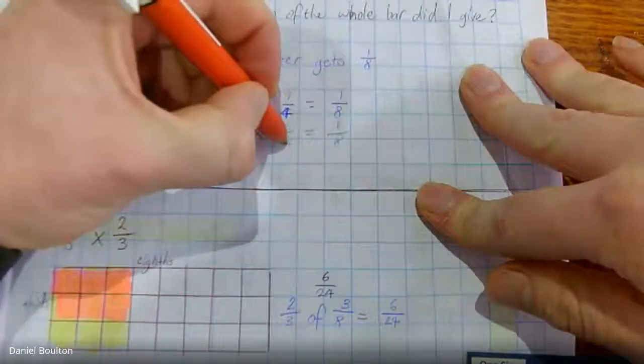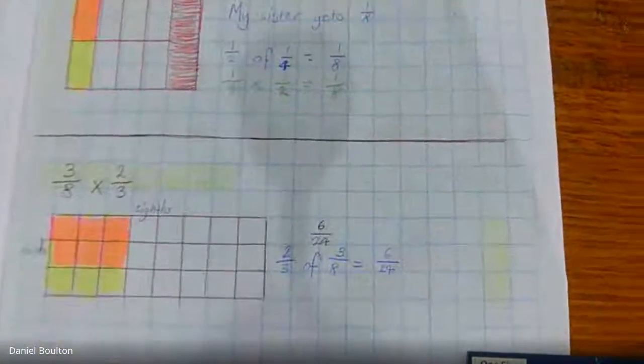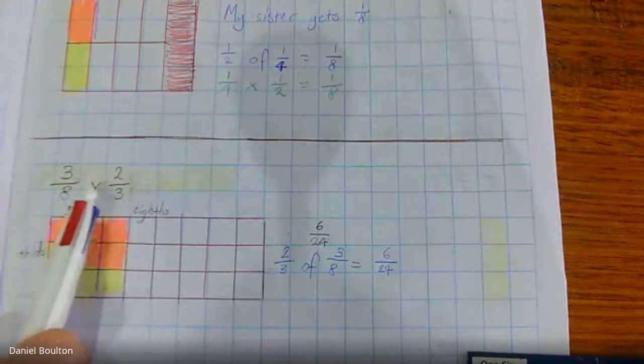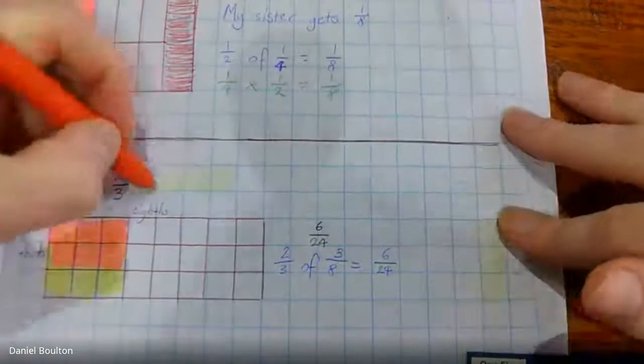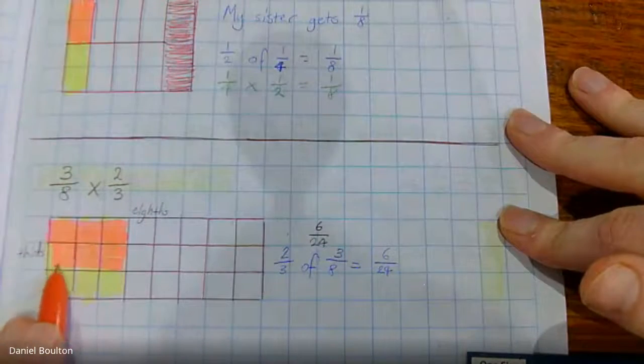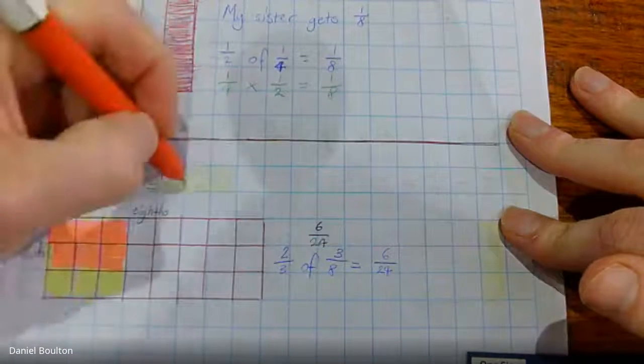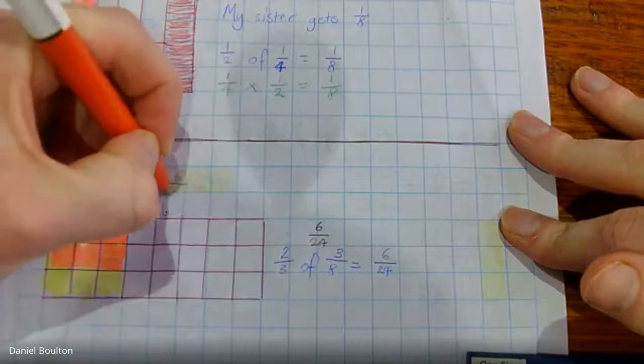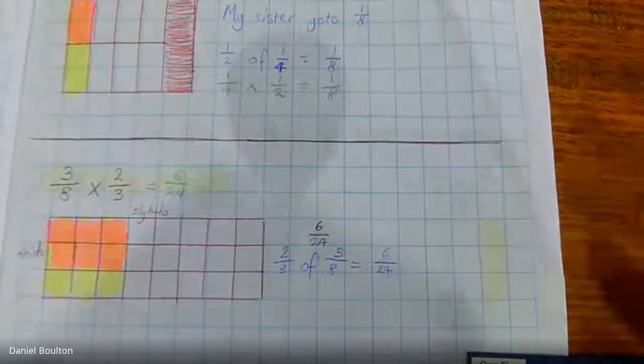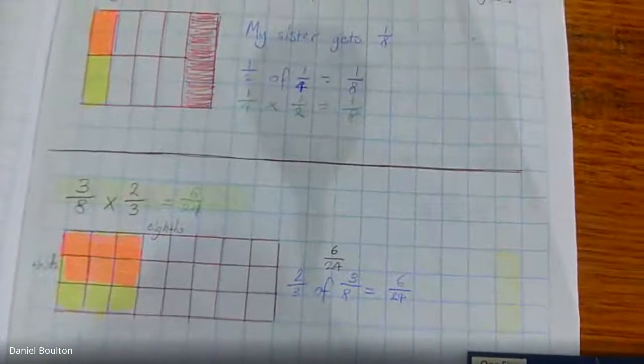Okay, same as down here. If I had 3/8 multiplied by 2/3, I had started with the 3/8 and I split them into thirds and showed 2 of those thirds. That would make 6/24. So all of those representations are the same thing.